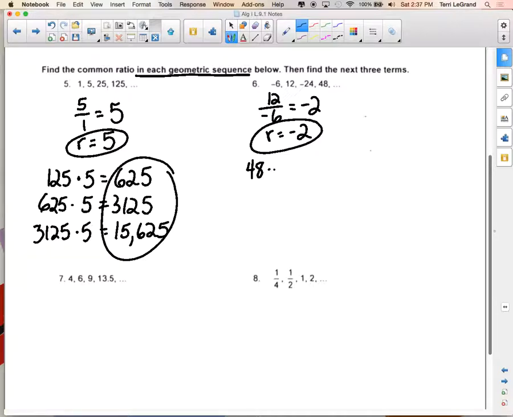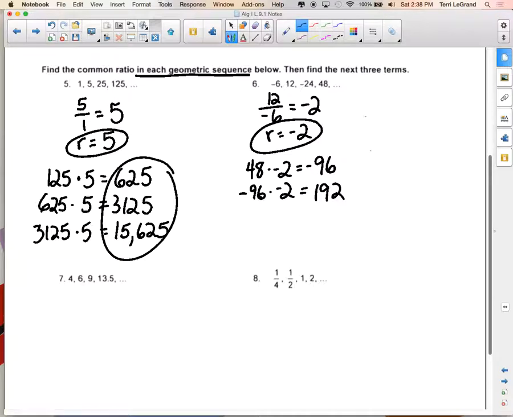48 is the last term given to us. So we multiply that. We did predict that the next term should be negative. Now the next term should be positive. Let's see if that's going to happen. A negative times a negative is a positive. And 96 twice is 192.